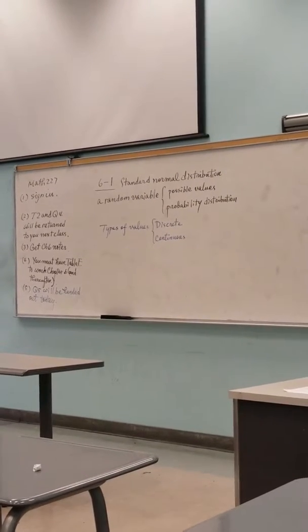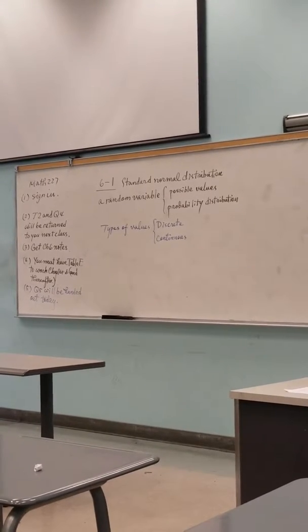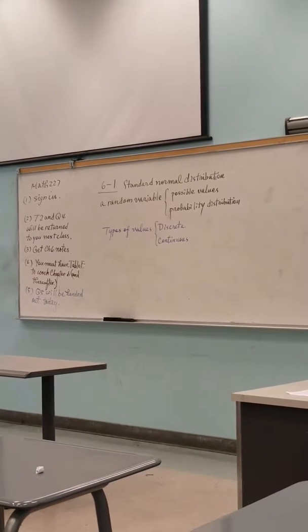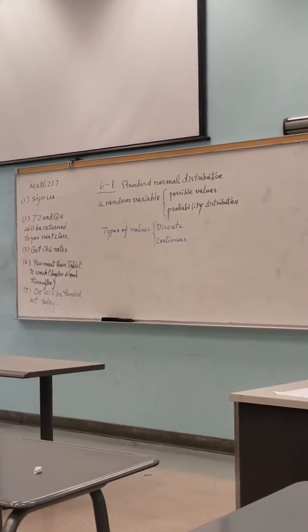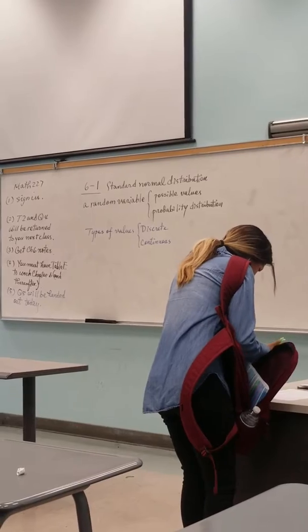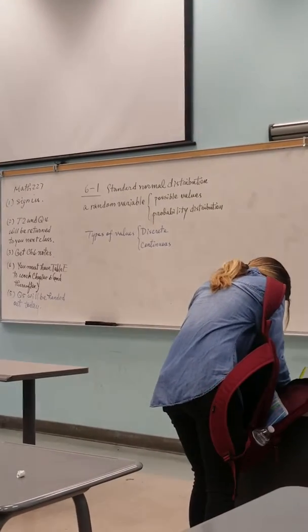Now look at B. X represents the number of credit cards a person has. Possible values: 0, 1, 2, 3, 4, right? Suppose possible value 0 and possible value 1. Do you understand any number between 0 and 1 is not a possible value?